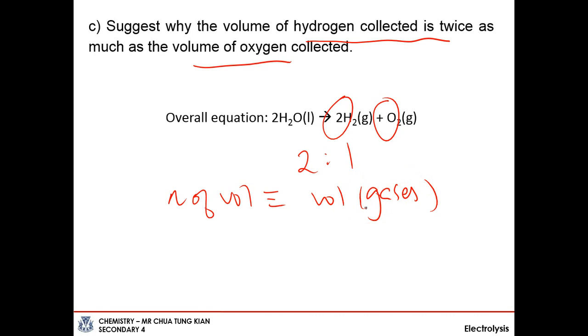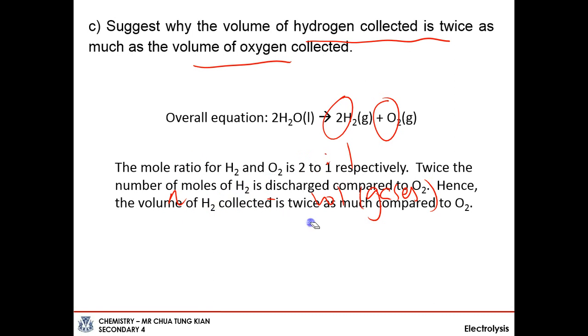So since it is 2:1, it will mean that twice the number of moles of H2 is discharged compared to O2. So at the end of the day, you will have double the volume of H2 compared to O2. So take note, you must use the term double or twice here, because from the overall reaction, we can say definitively that it is 2:1. So you must use the word twice or double here.